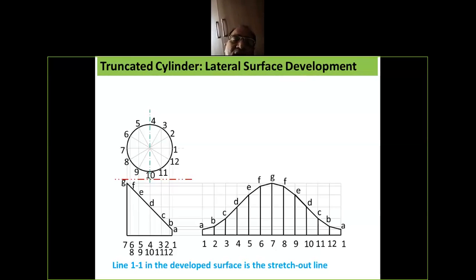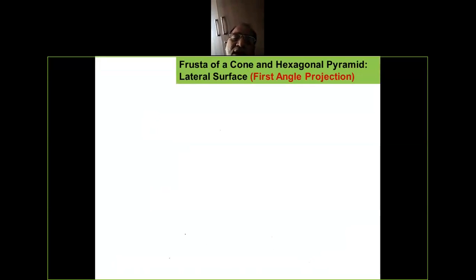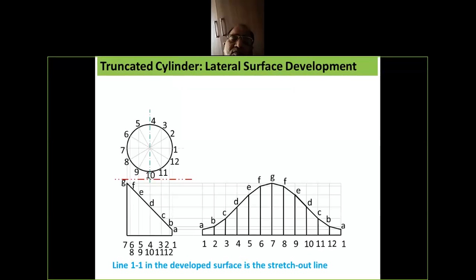In that case, the points have been established at different positions, and then we join all the points A, B, C, D. Next, in the same direction, we take E, F, A, and in this way we join all the points.